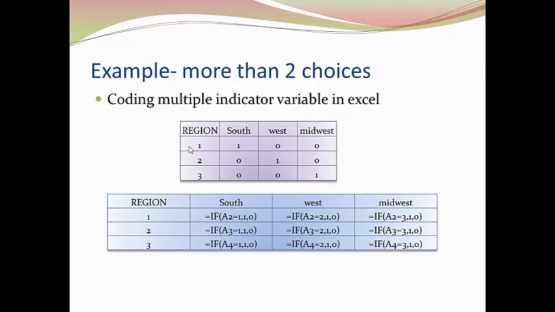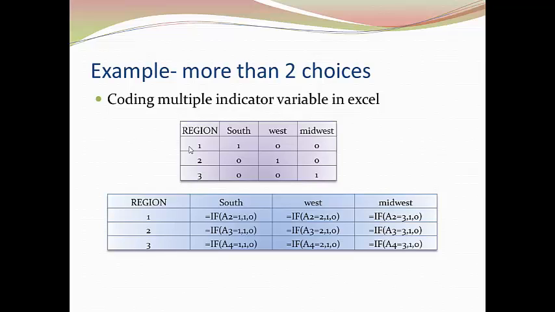If region is 2, meaning they're in the West, then my dummy variable South would take a value of 0, because they're not in the South, they're in the West. If region is 3, that means they're in the Midwest, so my dummy variable South would also take a value of 0, because they're not in the South, they're in the Midwest.